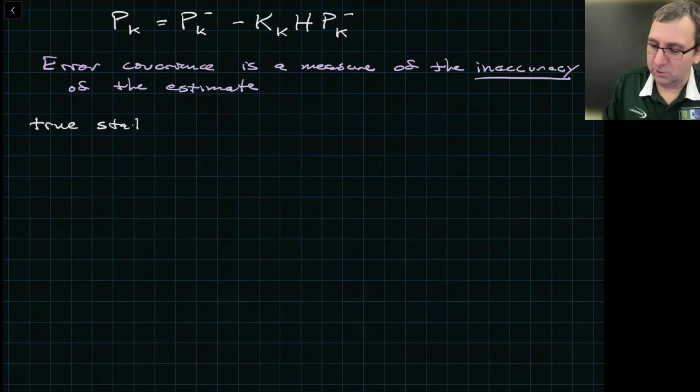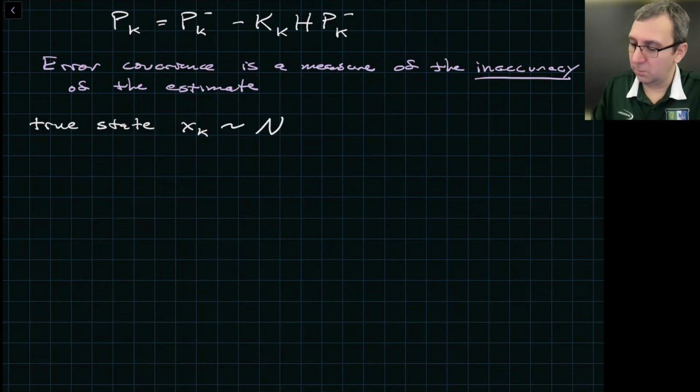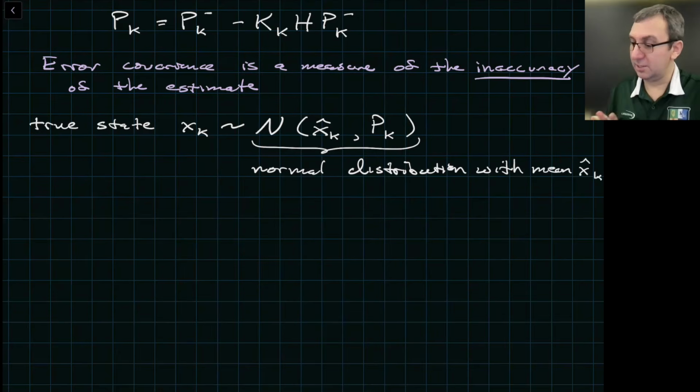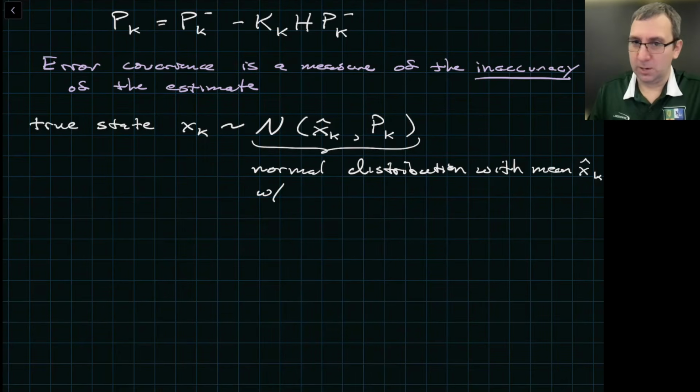And also the true state at that time step is given by, and this N just means normal distribution with a mean of xk hat and a covariance Pk. So xk hat is the thing that gets spit out as the best estimate with covariance Pk.